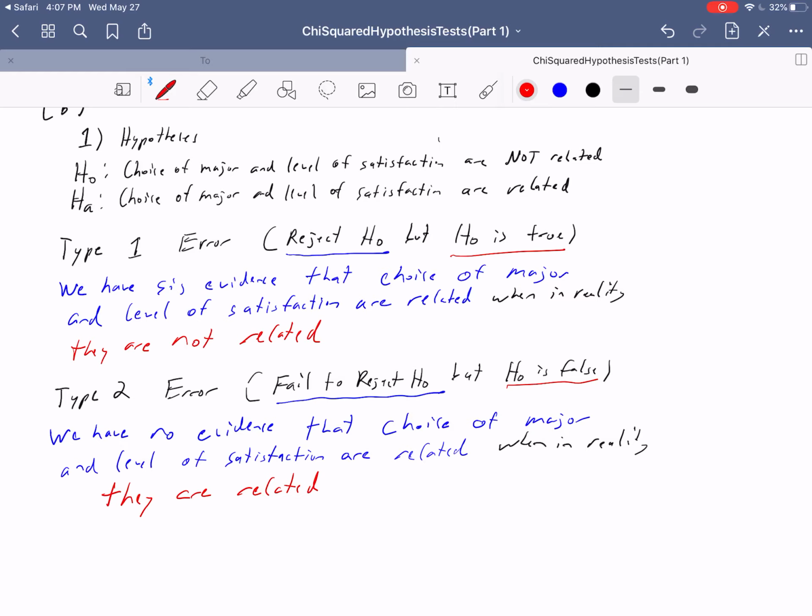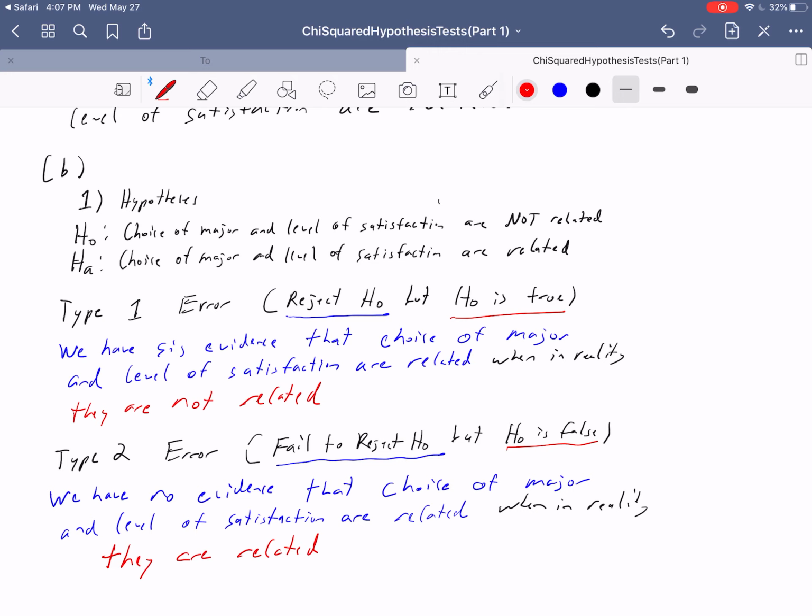So in this case, we're saying that we don't think that there's a relationship between these two variables, but in reality, there is a relationship, and we missed it. So that's our typical type 2 error there. All right, so that's showing you some standard error analysis applied to our new hypothesis test. All right, let's do one last thing.